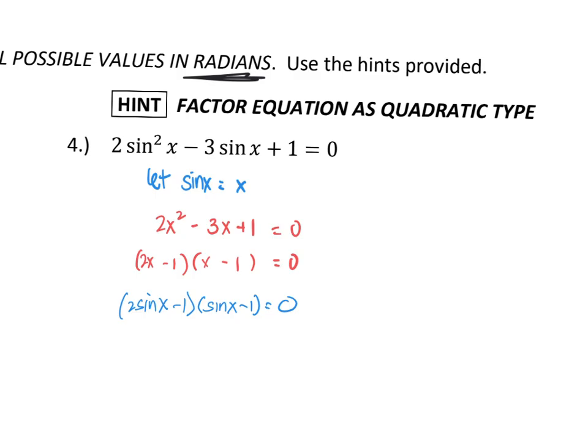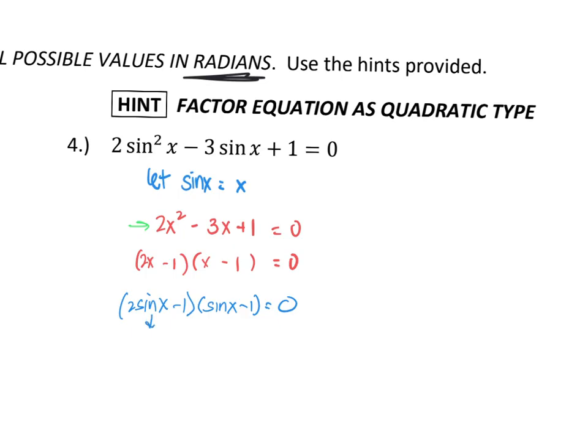I think it is easier to work with this algebra 1 problem, but if you can look at this problem and go straight to this factorization, by all means, definitely do that. This step in between is to help you if it's too difficult to factor with the trig functions in it.